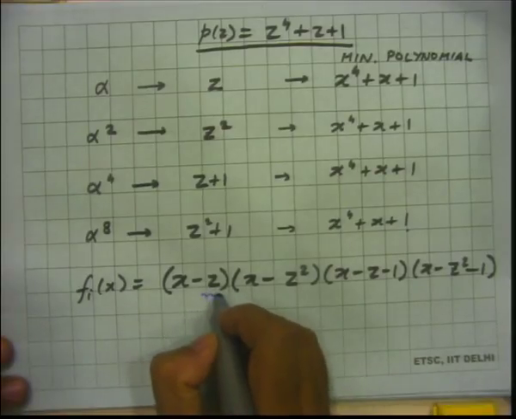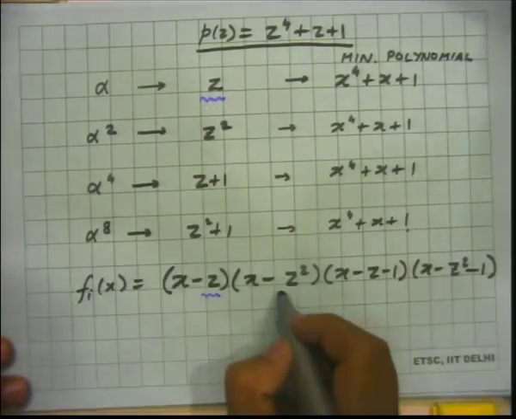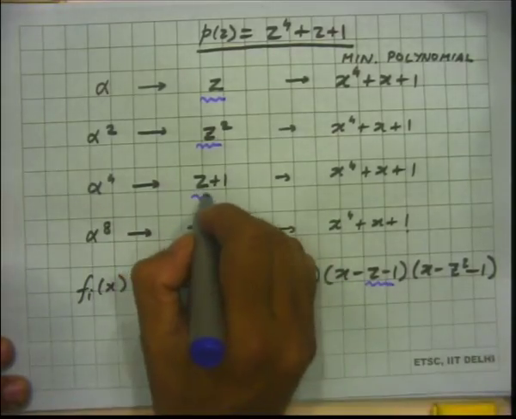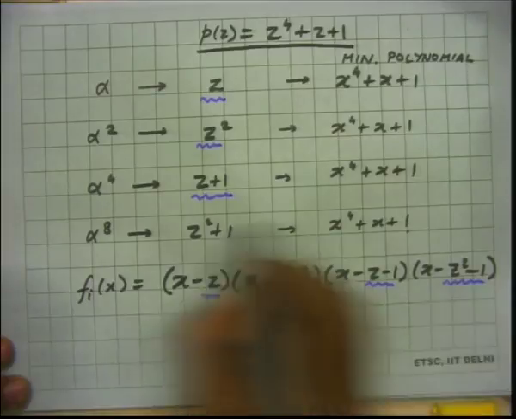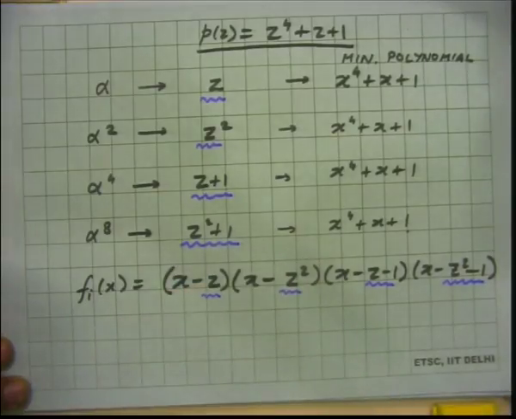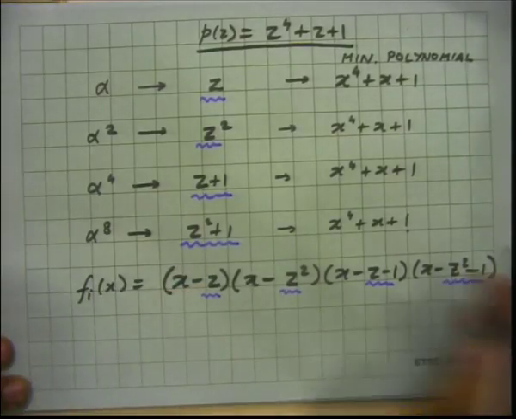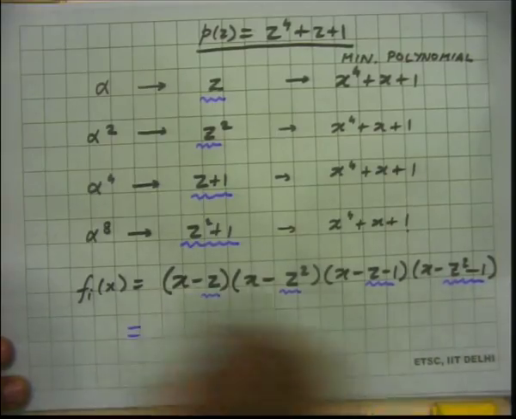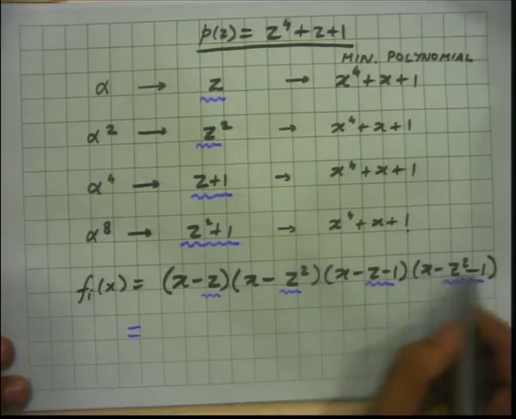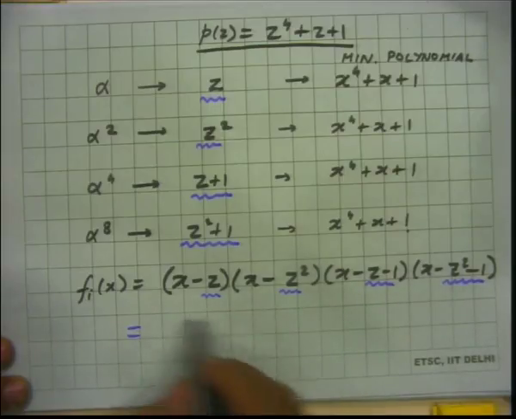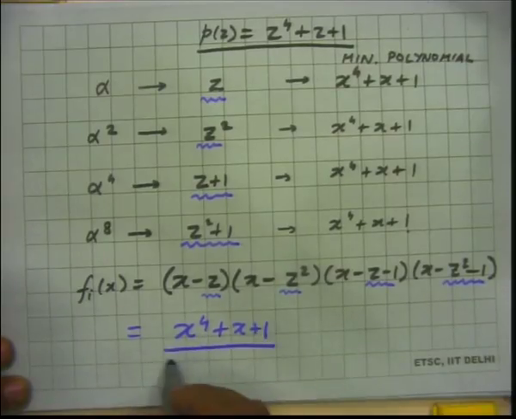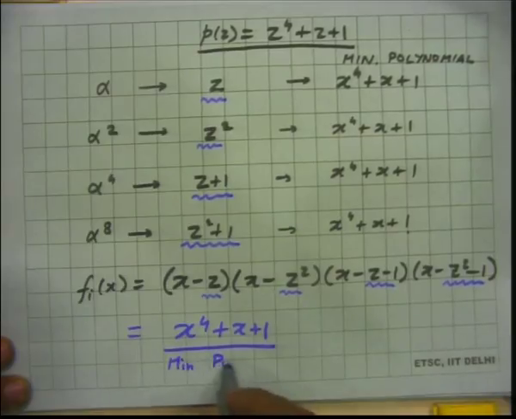We have taken the first element, second element, third element, fourth element, and we stop here because going beyond we repeat back. Now, if you multiply this out, magically all the z's will cancel out, and you will be left with x raised to the power 4 plus x plus 1, which is your minimal polynomial.